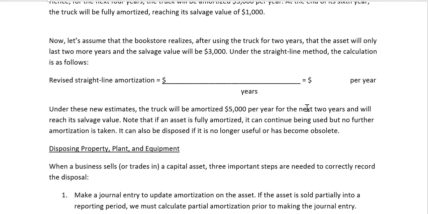Now, let's assume that the bookstore realizes, after using the truck for 2 years, again, that the asset will only last 2 more years, so a total of 4 years, and the salvage value will be $3,000. Under the straight line method, the calculation is as follows.